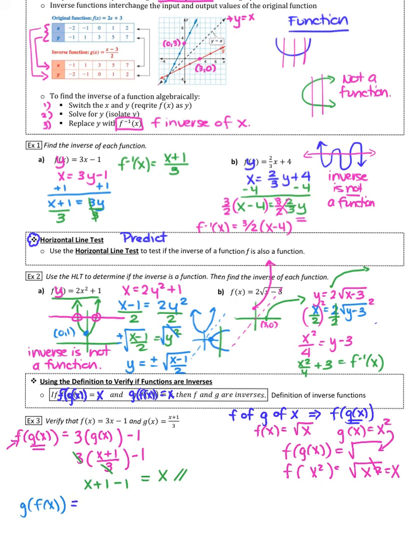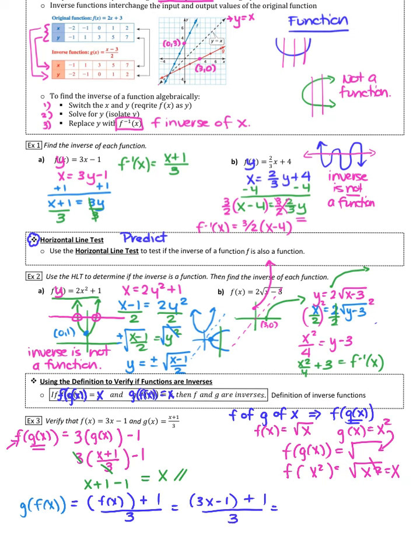So g of x is x plus 1 over 3. So where I have an x, I'm going to just leave this open because that's where your f of x is going to go. So you have your x plus 1 divided by 3. So let's put in our f of x. Our f of x was 3x minus 1 plus 1 over 3.